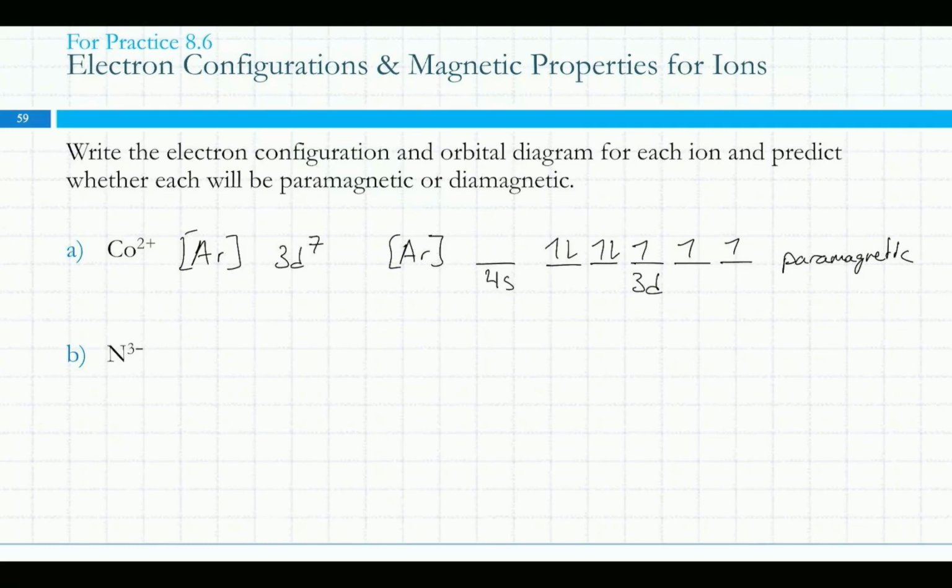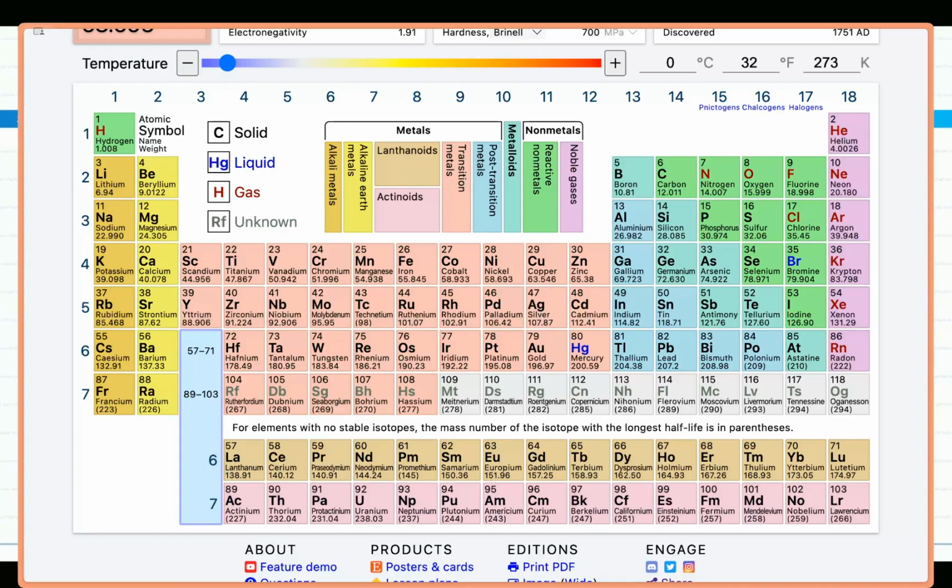Now, for nitrogen 3-, let's see, it'd be helium. And then what would the electron configuration for N3- be? Nitrogen would have 1, 2, 3 more electrons. So it'll be the same as neon. So this will be 2s2, 2p6.